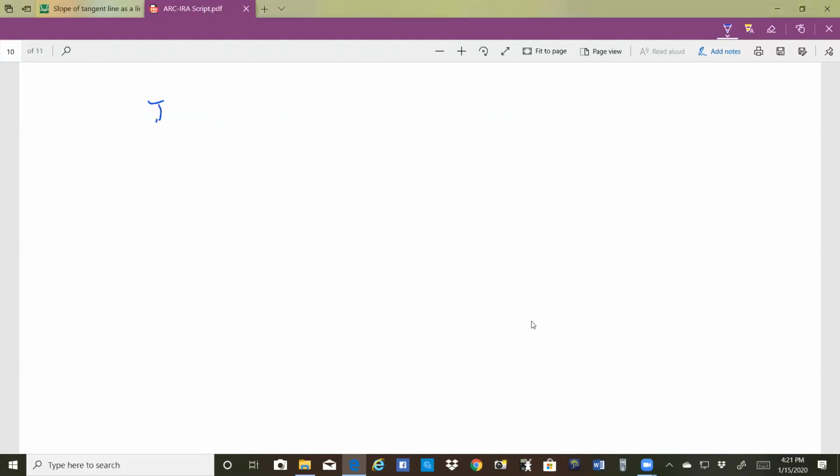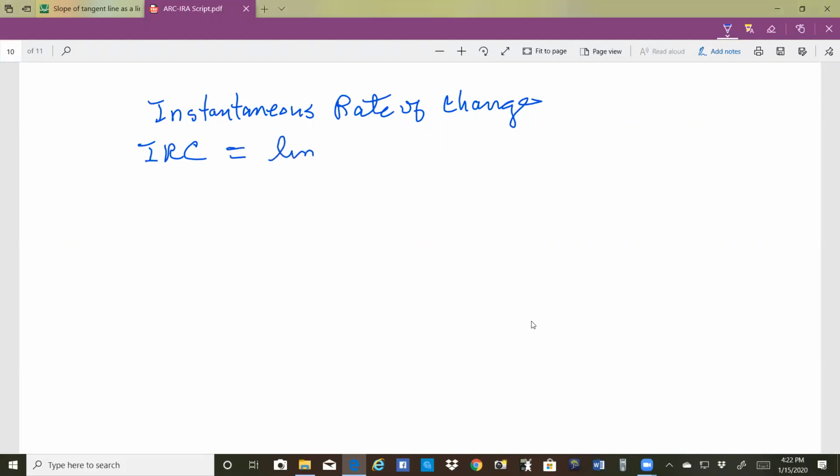the instantaneous rate of change. And remember, we said that the IRC, I'm going to call this IRC, it's going to be the limit as h approaches 0 of the value of the function at 4 plus h minus the value of the function at 4 divided by h.